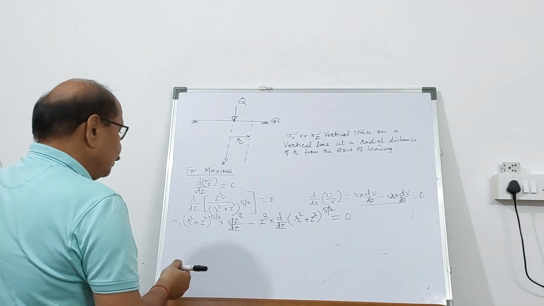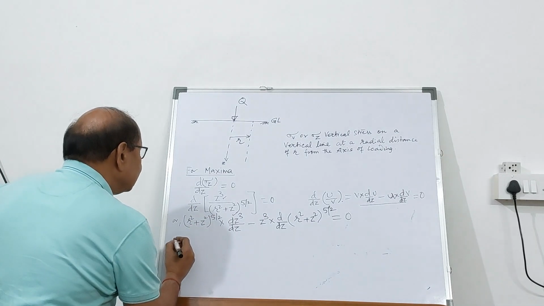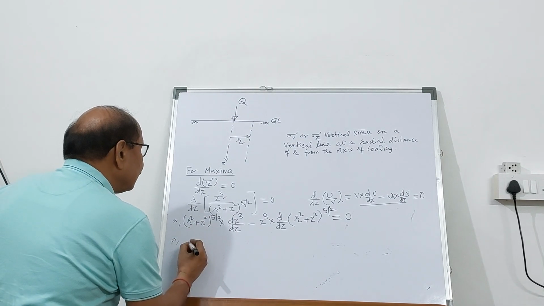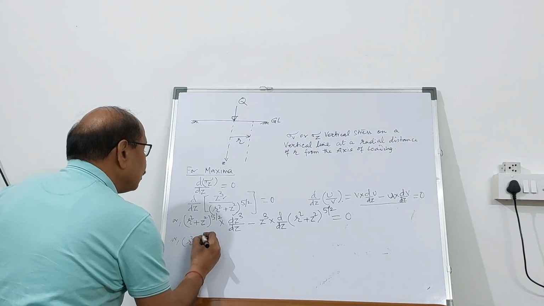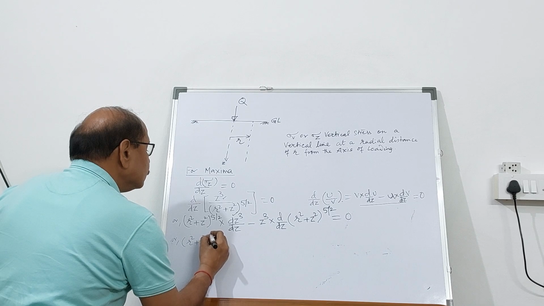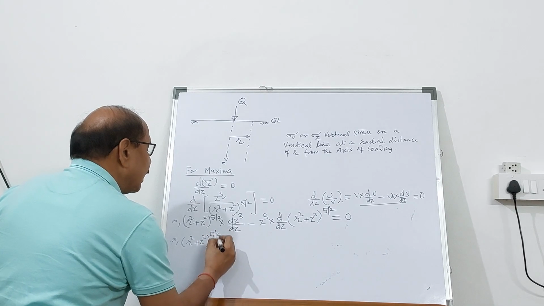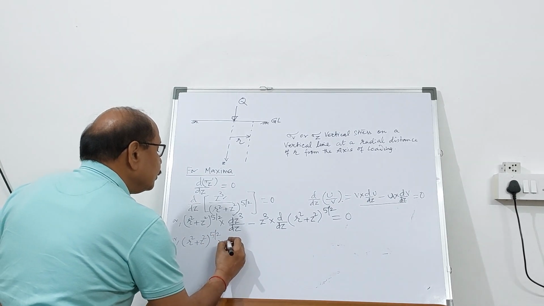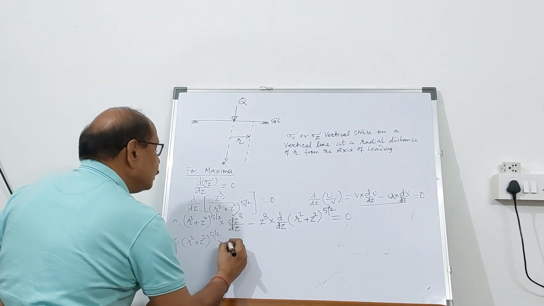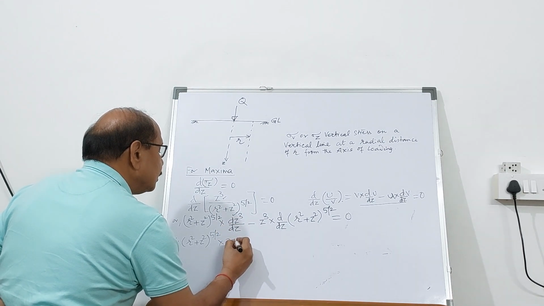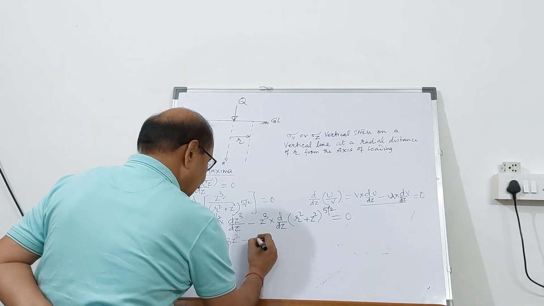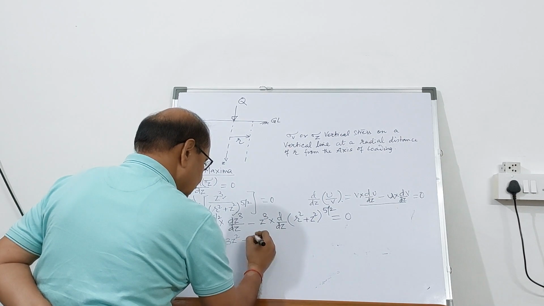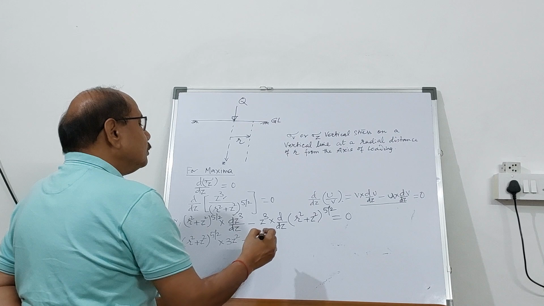So if you differentiate, you can further simplify it. r square plus z square to the power 5 by 2 into 3 times z square minus z cube.